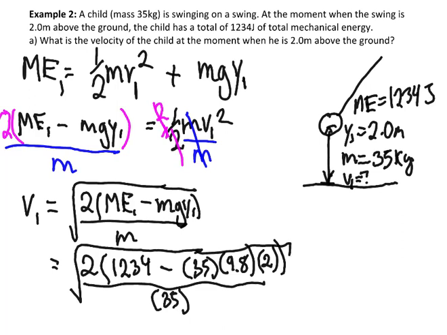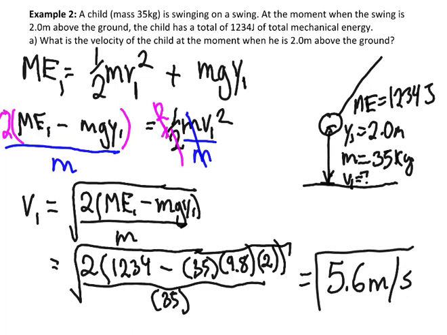Start with those brackets: 1,234 minus the mass times 9.8 times 2. Multiply that by 2 on the top and divide by the mass on the bottom of 35. And square root that, and you should get a velocity of 5.6. It looks like 2 sig figs is good here. So 5.6 meters per second. So that's the velocity of the child at the moment when they're 2 meters off the ground.